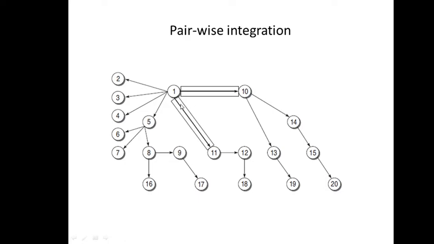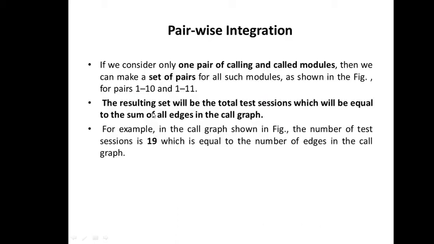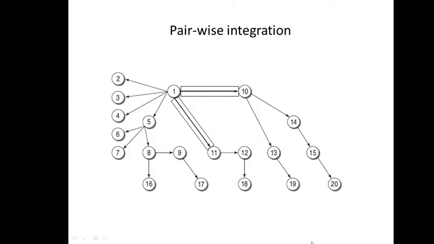So it is normally equivalent to the number of edges. One edge, one pair, another edge, another pair, third edge, third pair. So the number of edges corresponds to the number of pairs here. Since you have 20 nodes in here, the number of edges is 19.